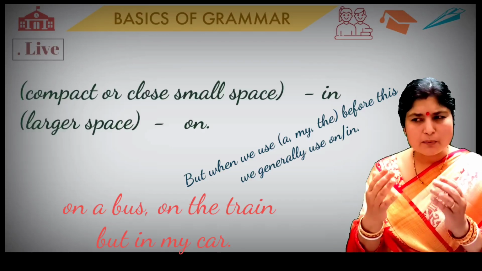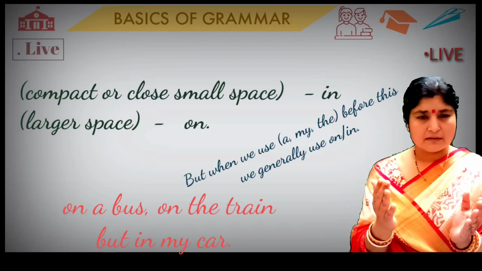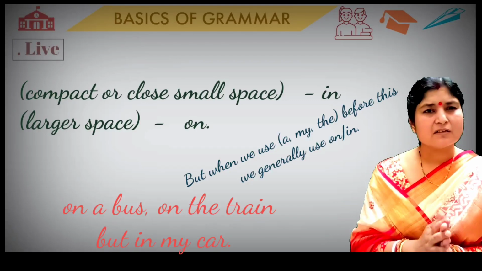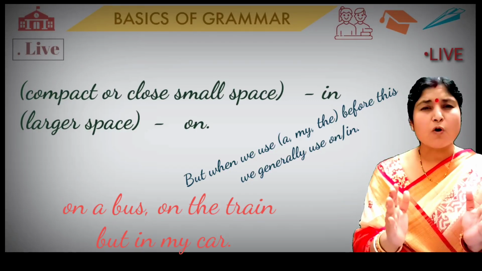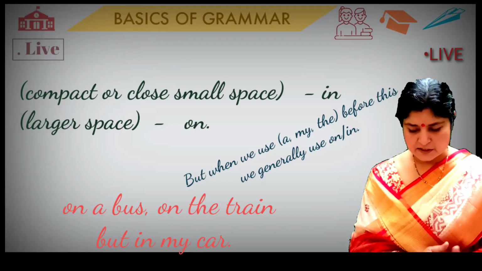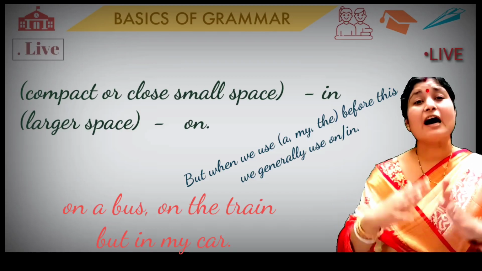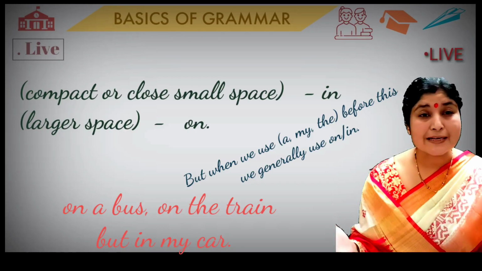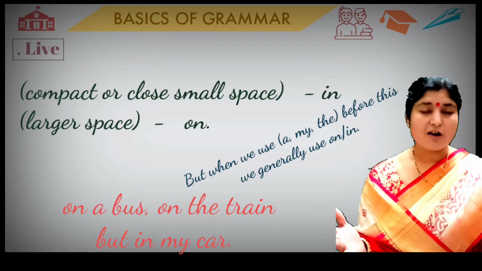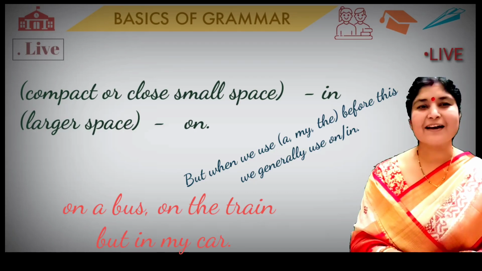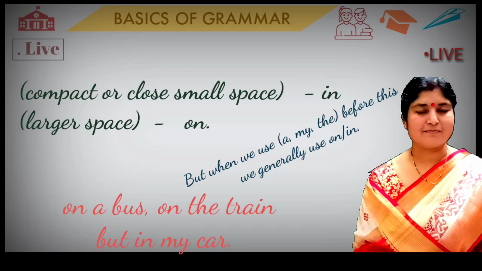But when we talk about a car or a taxi, we talk about a compact, closed, small space, and that is the reason we use in. When we talk about a larger space like a bus or train, we use on. On a bus, on a train, but in my car and in a taxi.